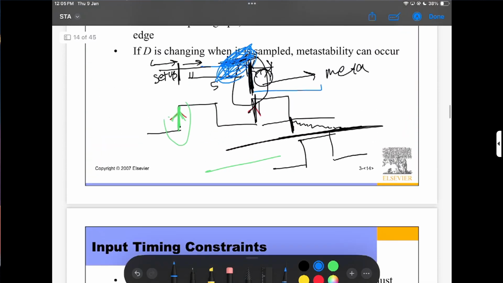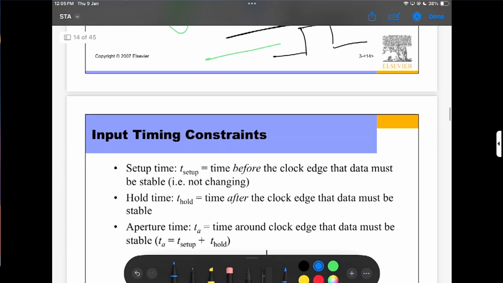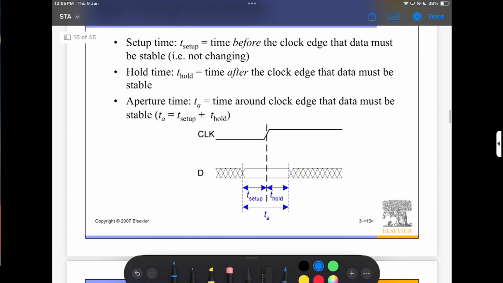So after the clock, data must be stable. Here the setup and hold time is stable, not changing that much. So this is the good position where hold and setup are not violated, but here they are violated. It should not have changed, but it changed.